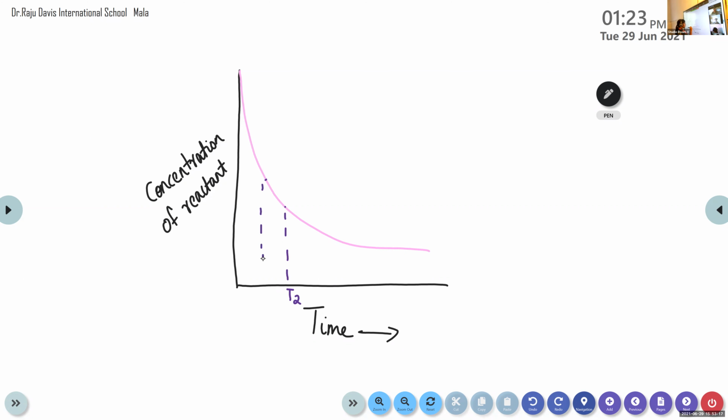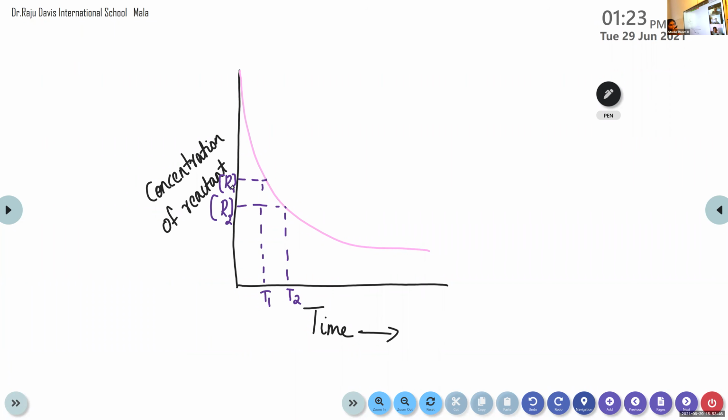Then this one is plotted as T1. Similarly, we can mark it on the y-axis also. This one is R1, the reactant at initial state. This one is R2. You can also draw R1 and R2.